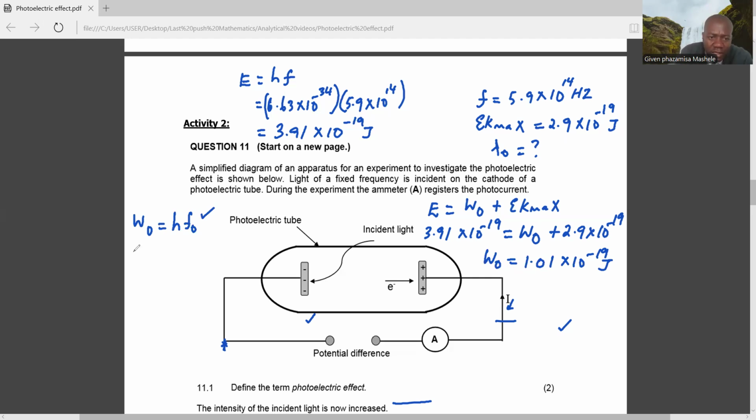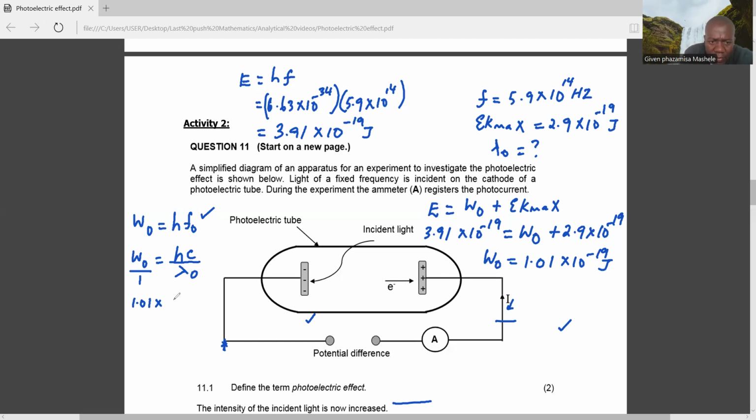We want the one where there is a cutoff wavelength, so it's going to be hc over lambda naught. It's there in our formula sheet. So let's do the substitution to calculate this. What is the work function?